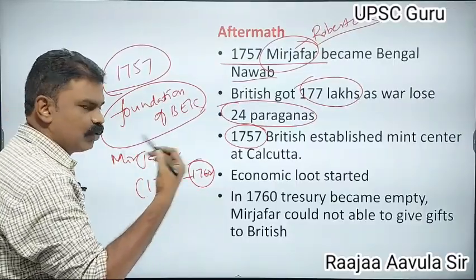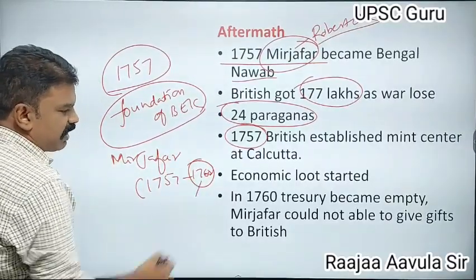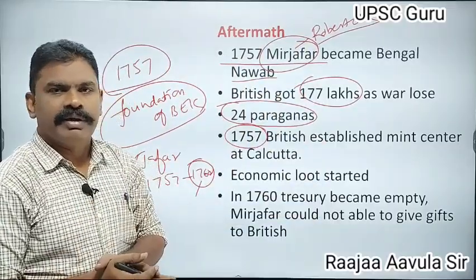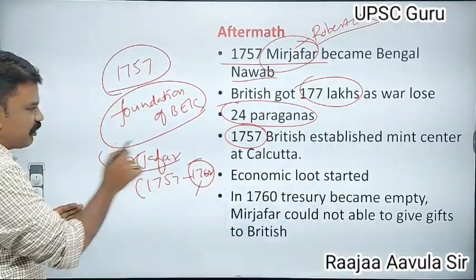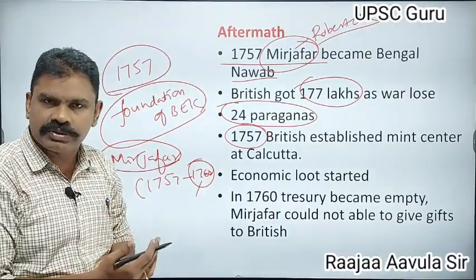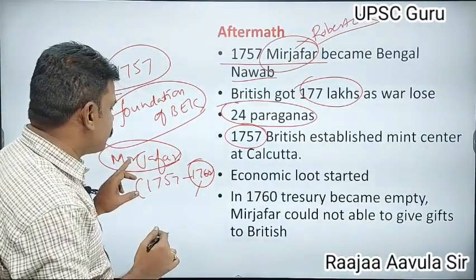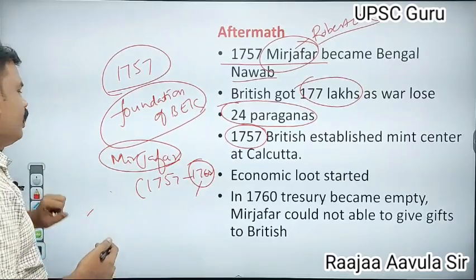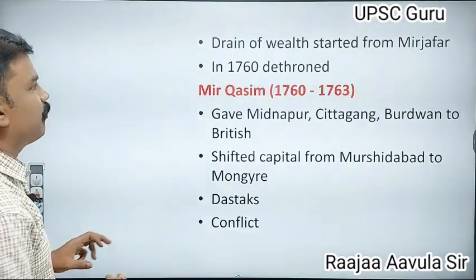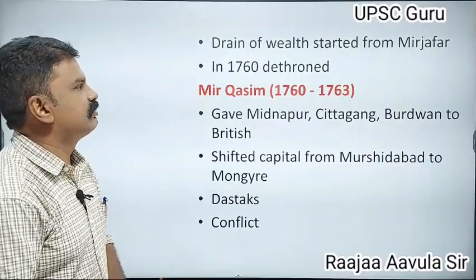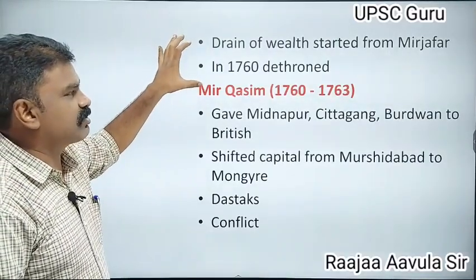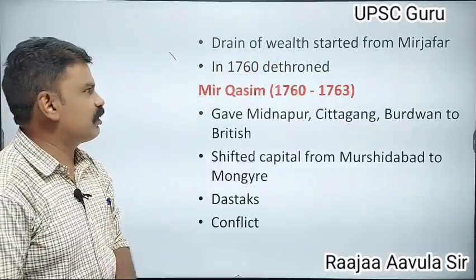Because of the economic loot of the British, the Bengal treasury became empty, and Mir Jafar could not give more and more gifts to the British. That's why the British East India Company dethroned Mir Jafar and appointed Mir Qasim. Drain of wealth from India to Britain started even during the Mir Jafar period.